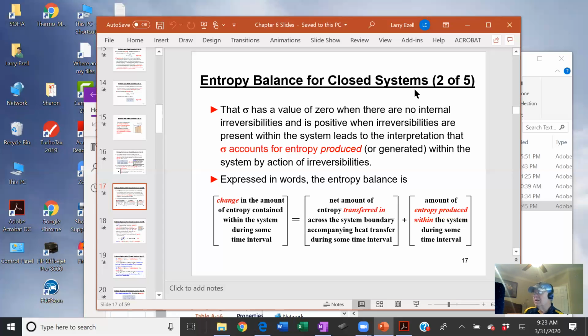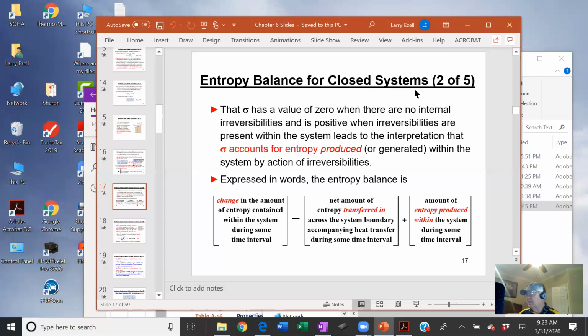You know it's there. So an entropy balance expressed in words is just like with internal energy of a system. The change in the amount of entropy contained within the system during some interval, or dS/dt, is equal to the net amount of entropy transferred in across the system boundary, accompanied by heat transfer during some time interval, plus the amount of entropy produced within the system during some time interval.